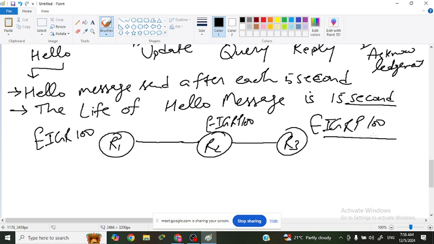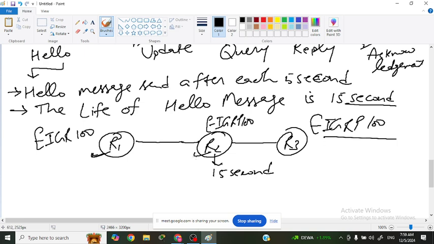Once we configure EIGRP on R1 and on R2, they will start to send the hello message after each and every 5 seconds on their interfaces. Once R2 receives this hello message, it will keep it for 15 seconds, and if within 15 seconds it does not receive another hello message from R1, what will R2 do?